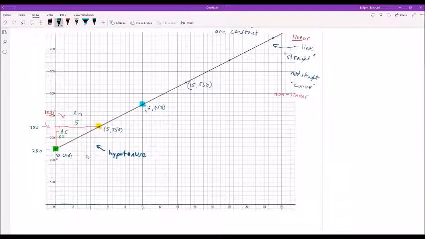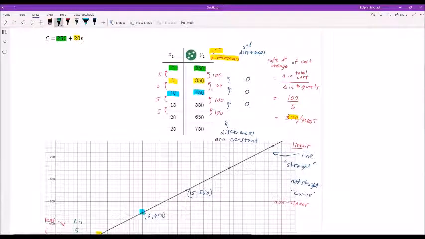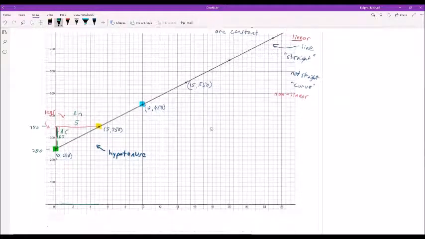That vertical part here is the change in cost, which is 100. So notice how this vertical change for this triangle is the same as the first difference in the table of values. And that's actually the change in cost.